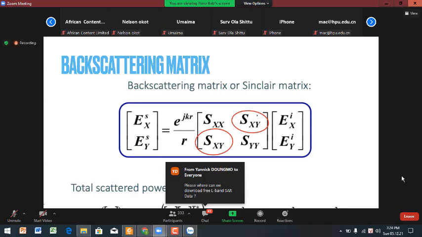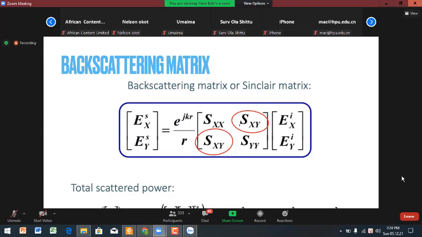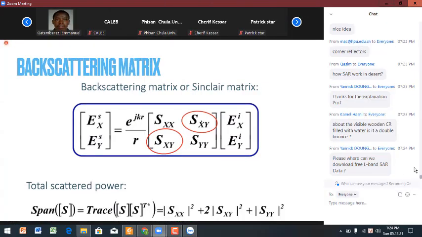Okay, so it's quite common to set them here identically, right? So this is HH, VV, and this is HV. Right? And then the total scattered power is here. You can give it here the square of HH, 2 times the square of the cross polar, and then the square of VV.